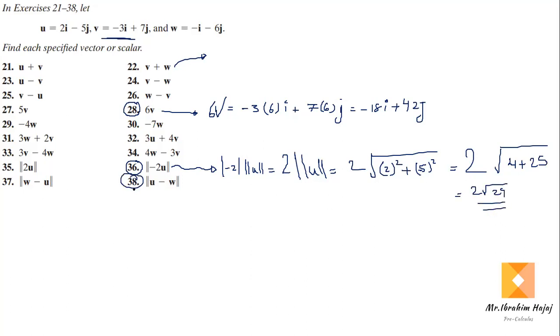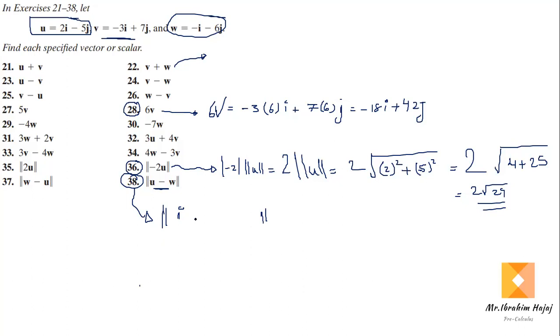Now solve number 38, which is the magnitude of u minus w. You have to subtract first.